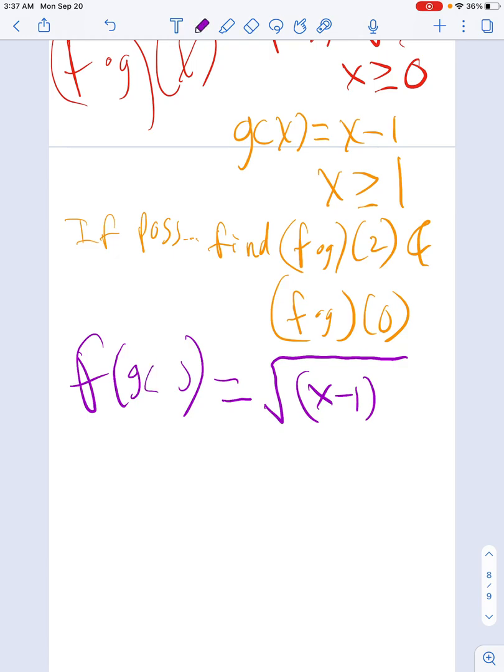Because it's not x anymore, it's a 2, I'm going to replace all my x's with a 2. The square root of 2 minus 1 is the square root of 1, which is 1. So I got the answer of 1.